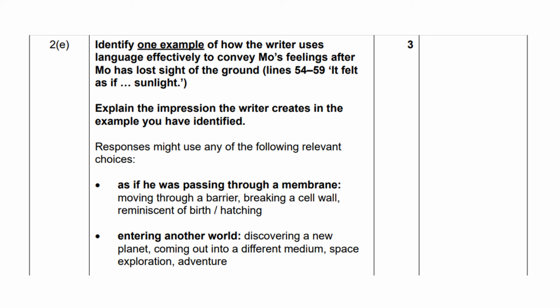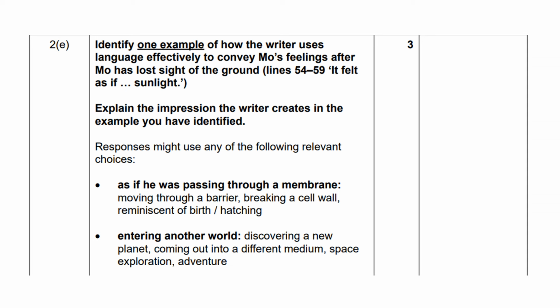Now, for example, see, this is one part: as if he was passing through a membrane. So you can explain that moving through a barrier, breaking a cell wall, reminiscent of birth or hatching. Then entering another world. If you choose this part, you may say that it is like discovering a new planet, coming out into a different medium, space exploration.